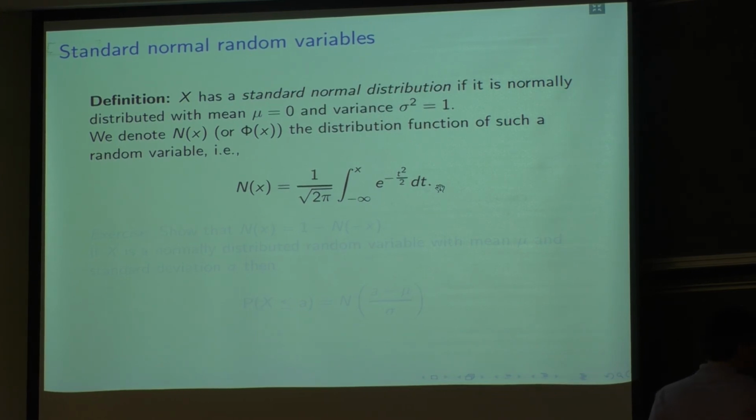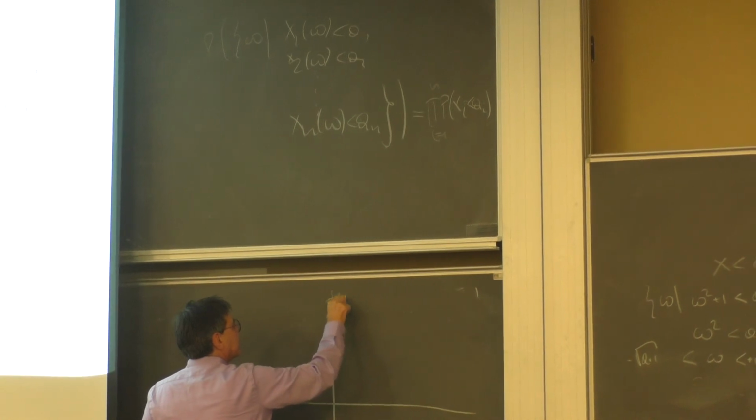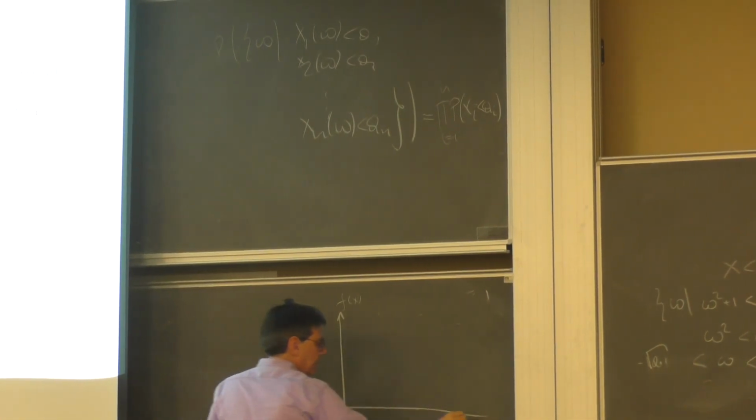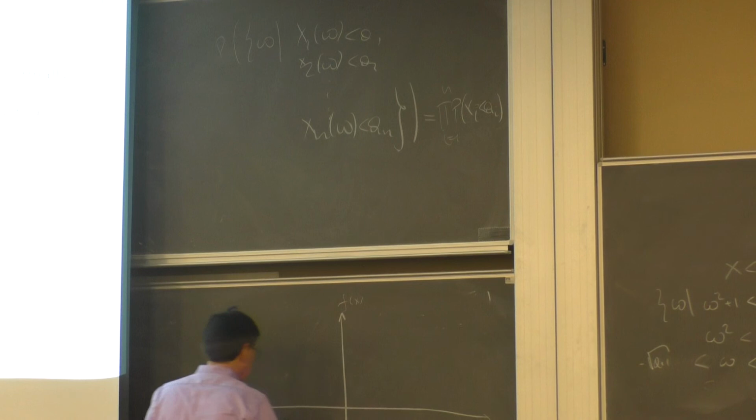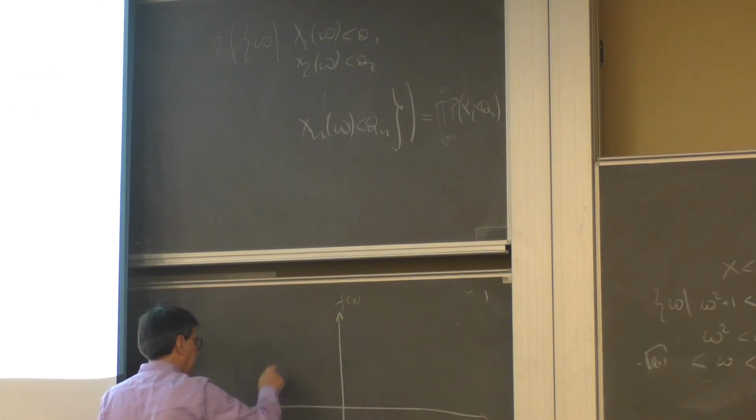So the vertical axis here is going to be density. If you want f of x, the density function f of x, and here's my x-axis, the density function is going to be symmetrical with respect to the vertical axis, and it's going to have this bell shape.